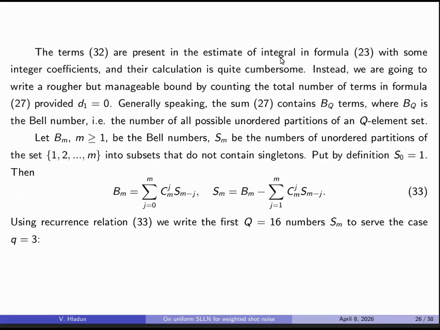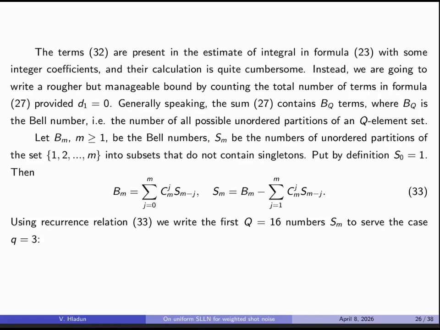The terms 32 are present in the estimate of the integral in formula 23 with some integer coefficients, and their calculation actually is quite cumbersome. Instead, we are going to write a rougher but manageable bound by counting the total number of terms in formula 27, provided d1 equals 0.